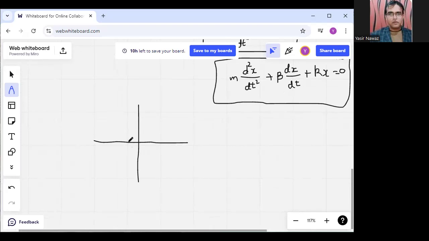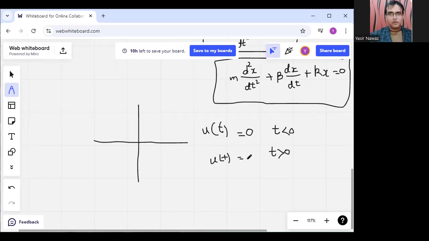I'm talking about u of t, the unit step function, where t is the independent variable. When t is less than 0, u of t is 0. And when t is greater than 0, u of t is 1.